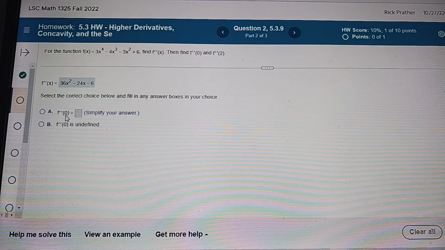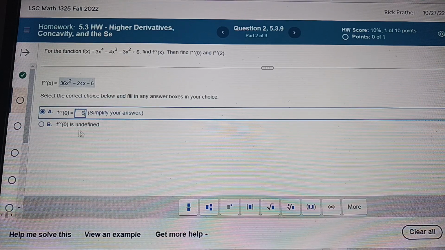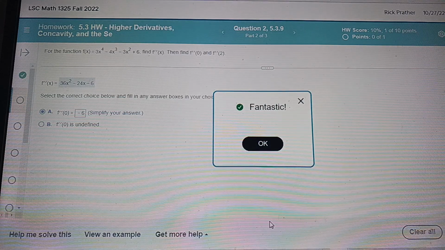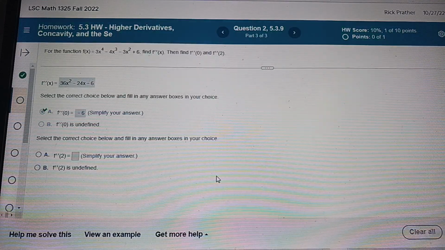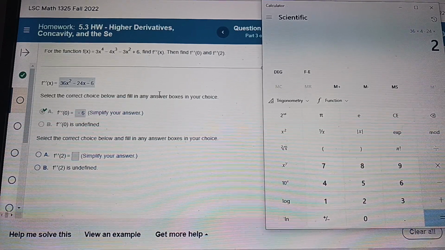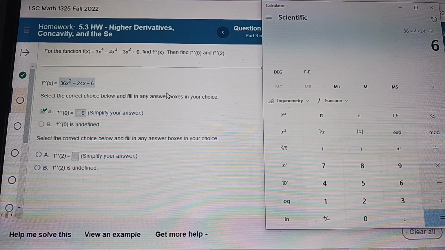But here's f double prime of 0. Put zeros in for both of those x's. That makes that all disappear, and it's just literally negative 6 for the answer. But what's more important later is that it's negative. A negative second derivative tells us something we're about to learn. And then f double prime of 2, if I do 36 times 2 squared, 36 times 4, minus 24 times 2, minus 6, 90.